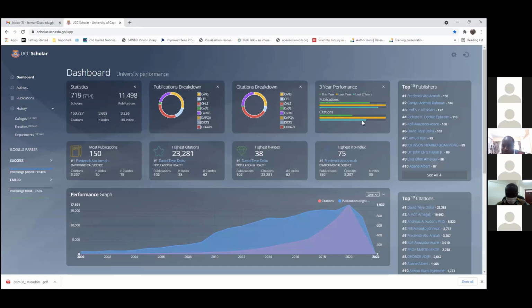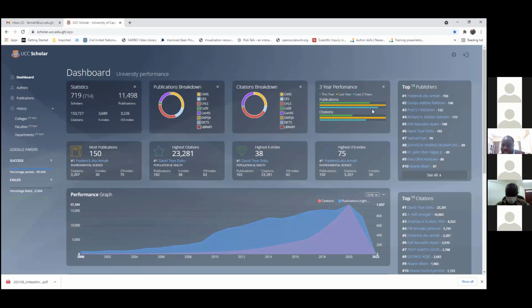So you can see, for instance, that our performance last year in terms of citation is better than our performance 2 years ago. But this year has not ended, so we don't know whether it will catch up with our performance last year. But it seems a tall order. It is likely that our performance last year will be better than our performance this year in terms of citations.